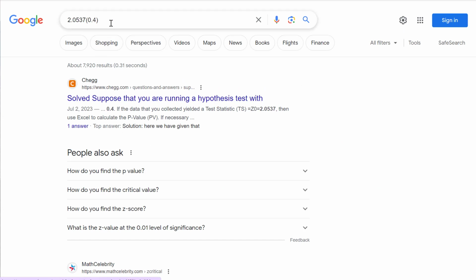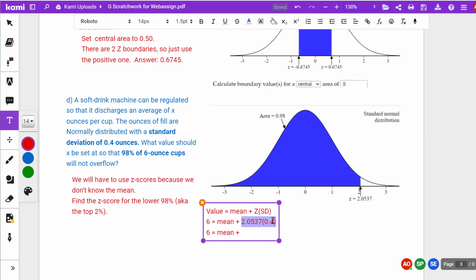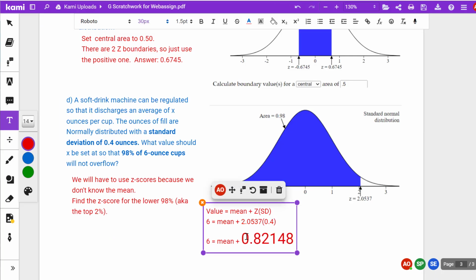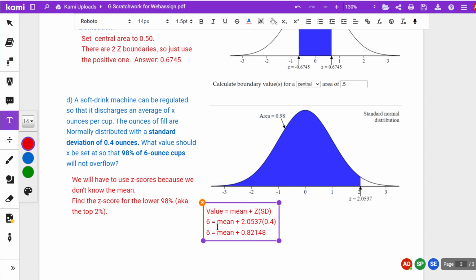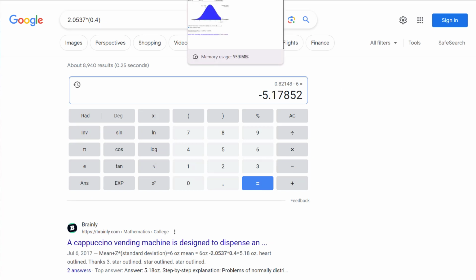Let's try that again. There we go. And there's my number. All right, so we'll put that in my scratch work. Then we subtract that from both sides. Let me go back to my calculator. I'm going to go backwards; it's going to give me a negative because I'm going in the wrong order. 5.18.